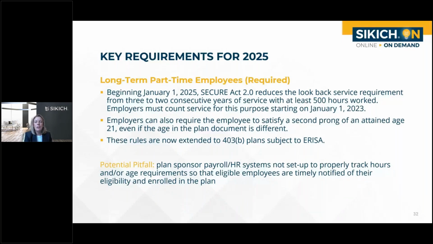But there are also responsibilities at the plan sponsor level to ensure that HRIS and payroll systems are properly updated to track the hours requirements for these individuals and any age requirements that are necessary to meet the eligibility requirements. It's really important that these controls start at the plan sponsor level to help mitigate any potential non-compliance with these rules and regulations, and hopefully to make sure there's not a need for any correction of errors that do get identified.